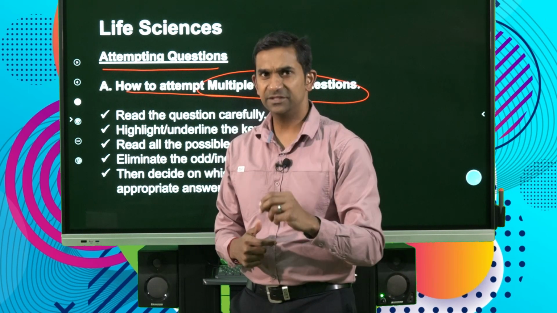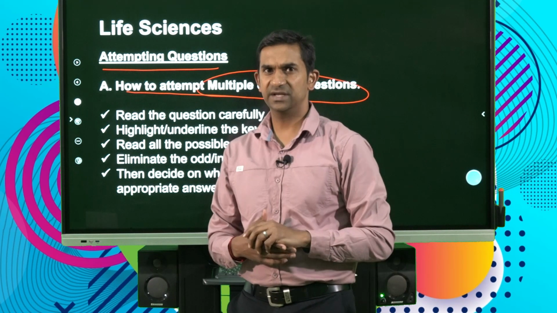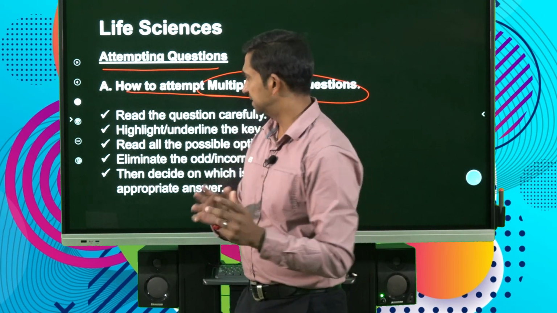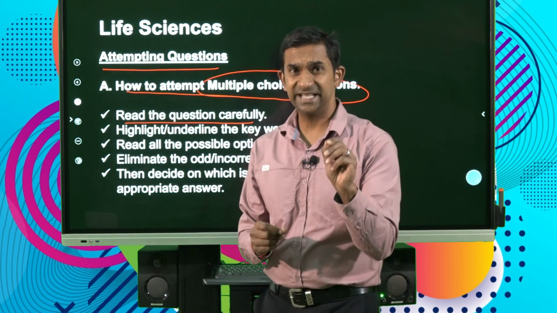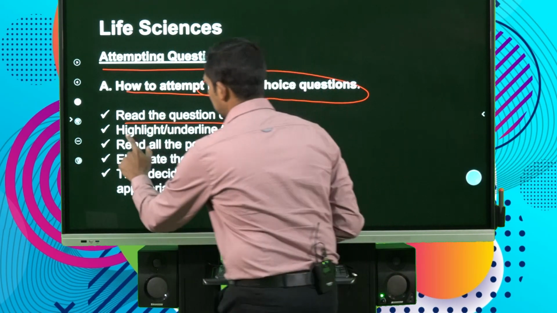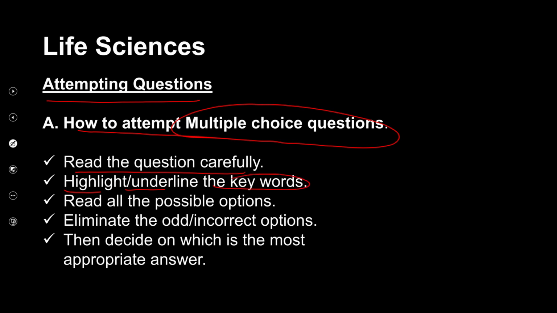So what is the method that you use when answering a multiple choice question? Let's look at that. So first, we've got to read the question carefully. What does reading mean? Reading means you've got to be able to identify key components. Highlight or underline the key words such as discuss, describe, identify, give. Read all the possible options.